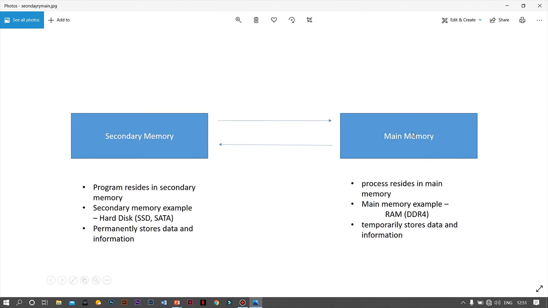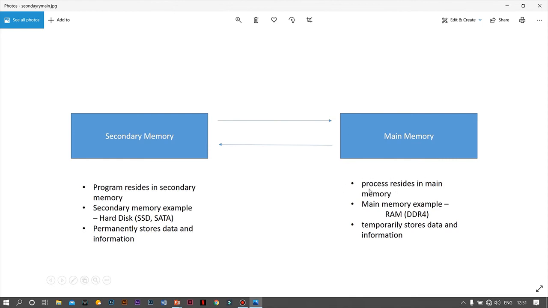Okay, and remember that whenever instructions or commands switch memory devices, their terms also change. Okay, when an instruction or a command resides permanently, then it is called a program. But when that same instruction or command resides in the main memory, it becomes a process.